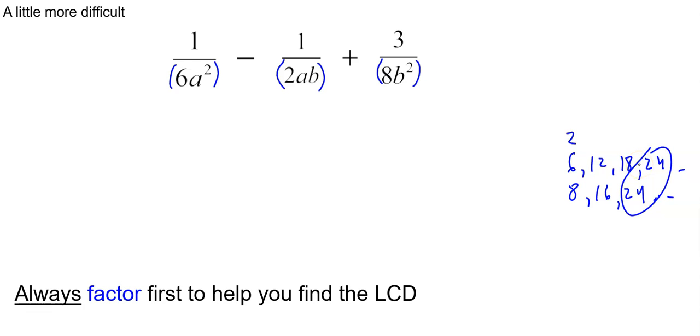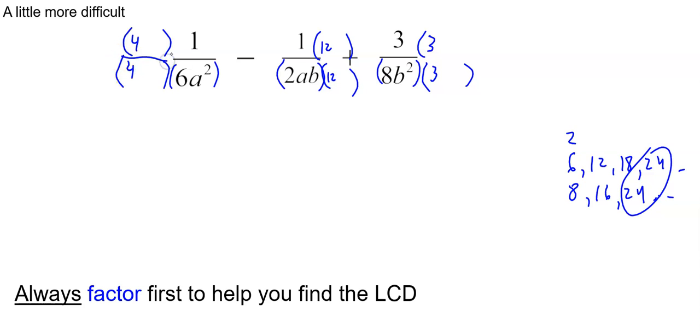Just looking at the numbers there, I'm going to need to multiply this one by, let's see, to get 24, same thing, right? It's going to be 3 over 3. I get 24 here. I'm going to get, let's see, that would be 12 over 12. And here, so this one, I need to get 24, so 6 times 4, so 4 over 4.